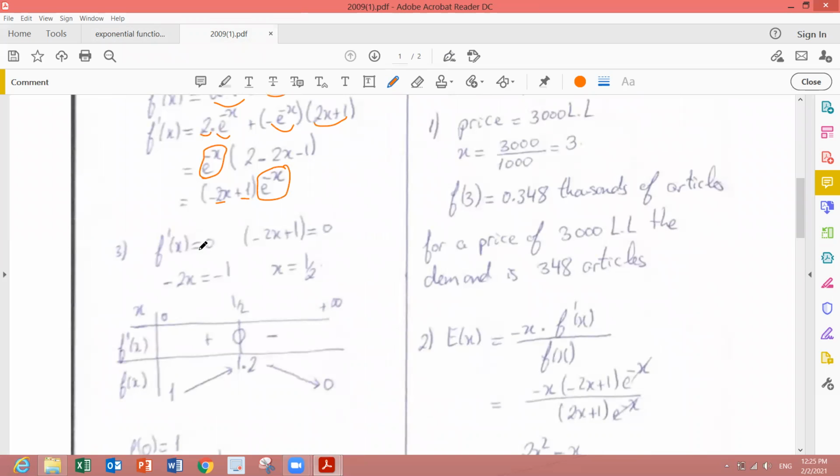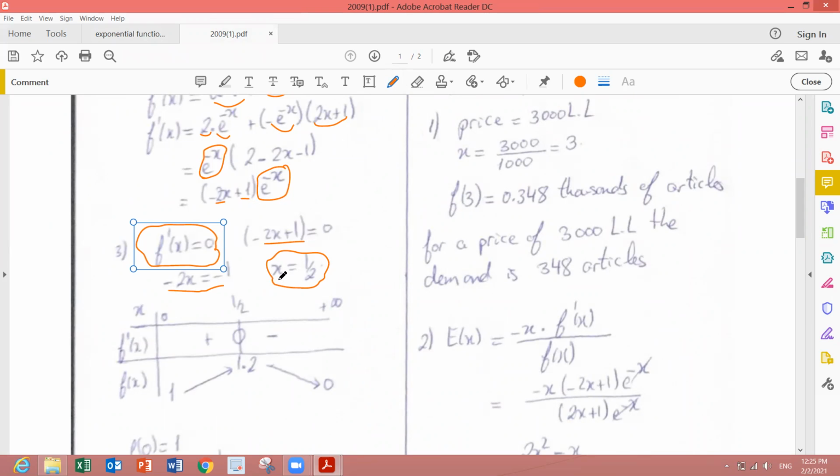Set it equal to 0: minus 2x equals minus 1, x equals half. It is an accepted value, since it belongs to the domain 0 to plus infinity.